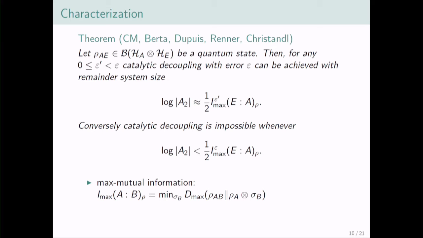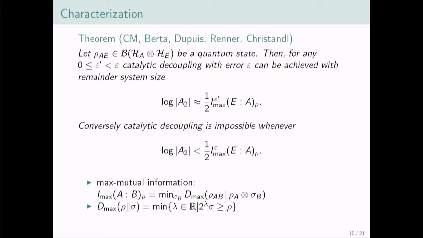This is defined in terms of this max divergence or max relative entropy, and it involves this minimization here, and the max relative entropy is just defined in terms of this minimization of a simple operator inequality. And this little epsilon here signifies that this is a smooth version again, which means that this quantity is minimized over an epsilon ball around the state rho.